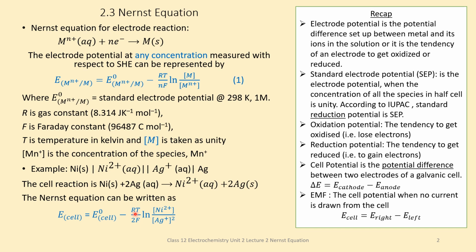R is the gas constant. Here 2 is the value of n, which is the number of electrons in the reaction. F is the Faraday constant. ln is the natural log, that is log to base e, of concentration of Ni2+ divided by concentration of Ag+ whole square. This whole square is due to the coefficient of Ag+ in the cell reaction shown above.